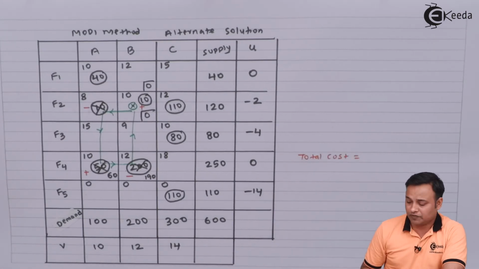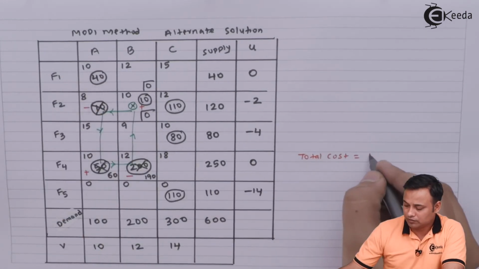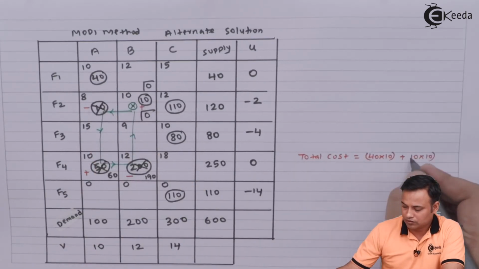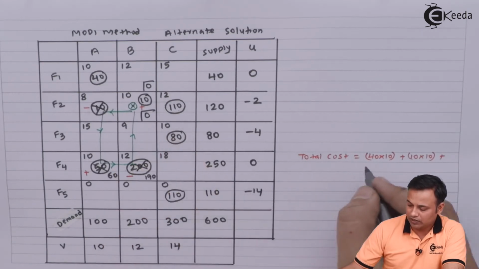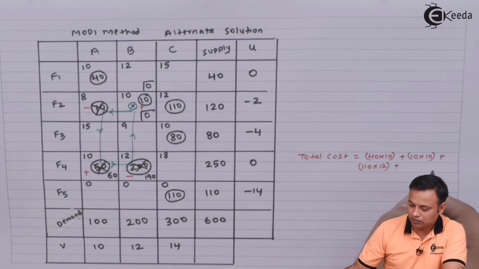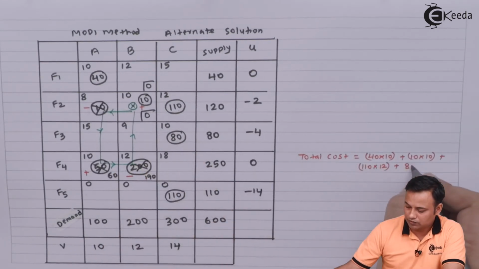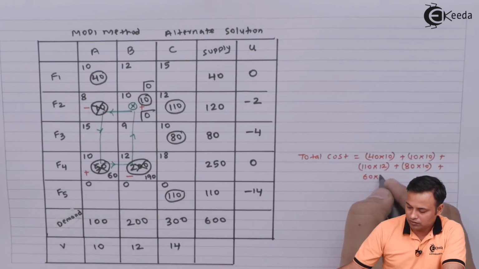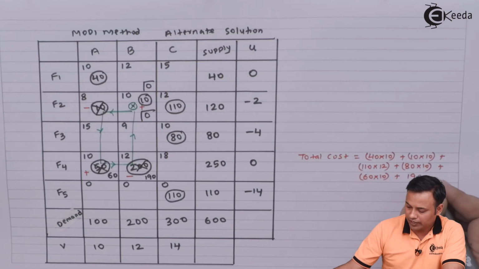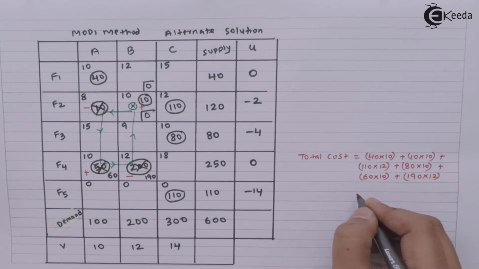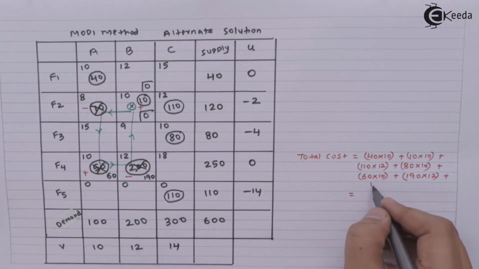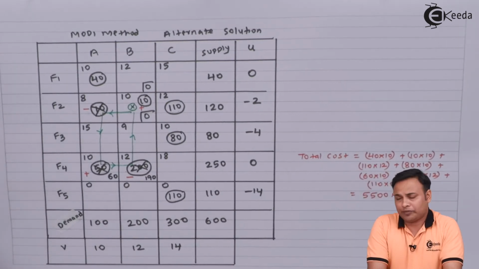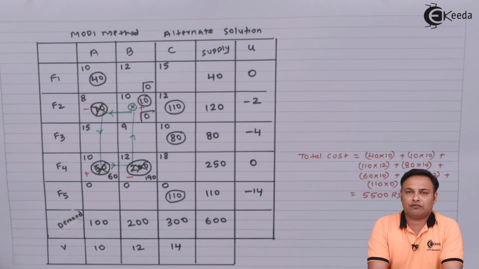So my total cost will be 40 into 10, 10 into 10, 110 into 12, 80 into 10, 60 into 10, 190 into 12, and 110 into 0. So you can see I have obtained the total cost, which is again 5,500.